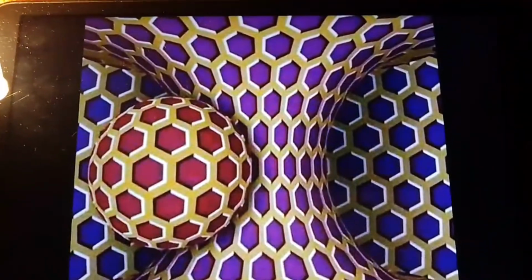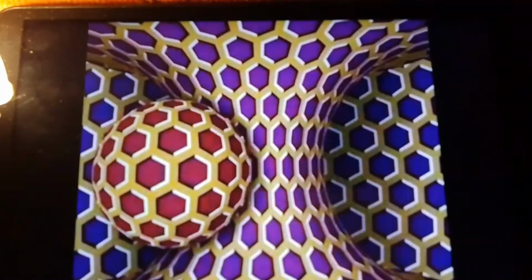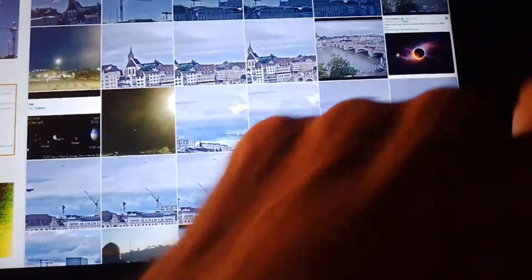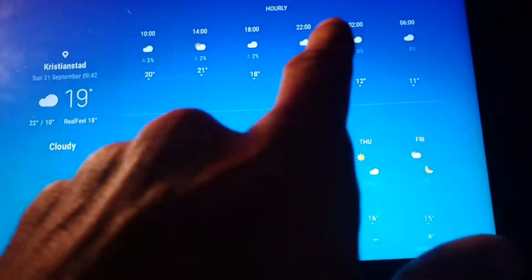If you look here, I don't know if you see it through the lens. But anyways, I had one picture. Maybe I'm going to find it. Let's see if I can find it. I didn't get the picture, but let's see if I can find it here.